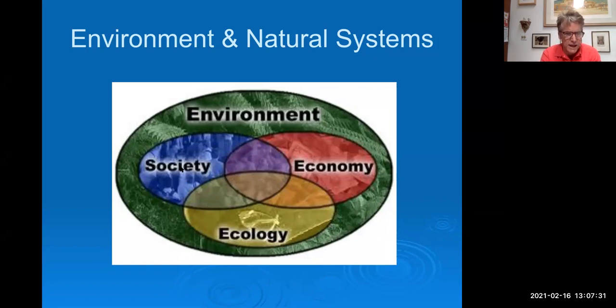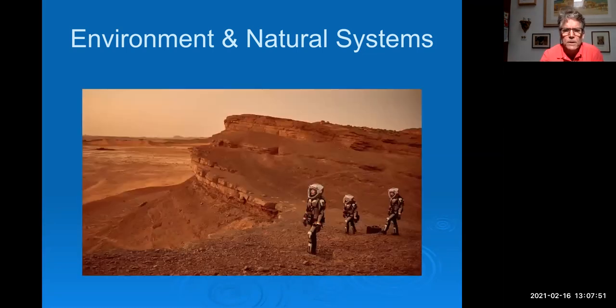Ecology and society overlap, society and economy, economy and ecology overlap. So society, the economy, and the ecology, those all have to be taken into consideration when trying to exploit natural systems.